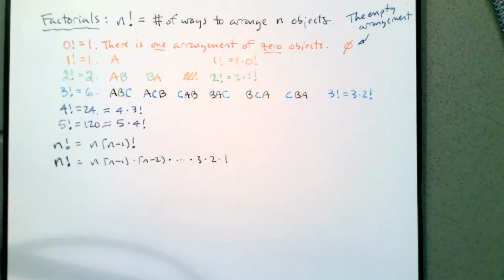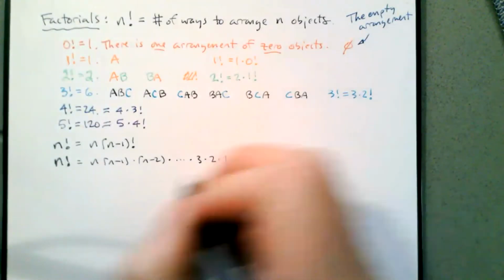But if we just rethink what we mean when we say n factorial, it's the product of all the positive integers less than or equal to n. You've got to get that positive part in there, because that positive part leaves off the 0.